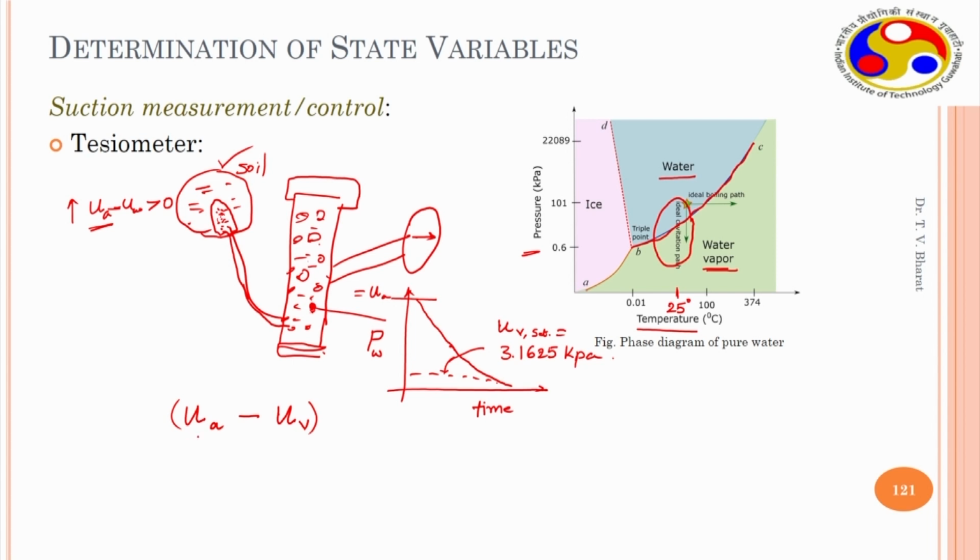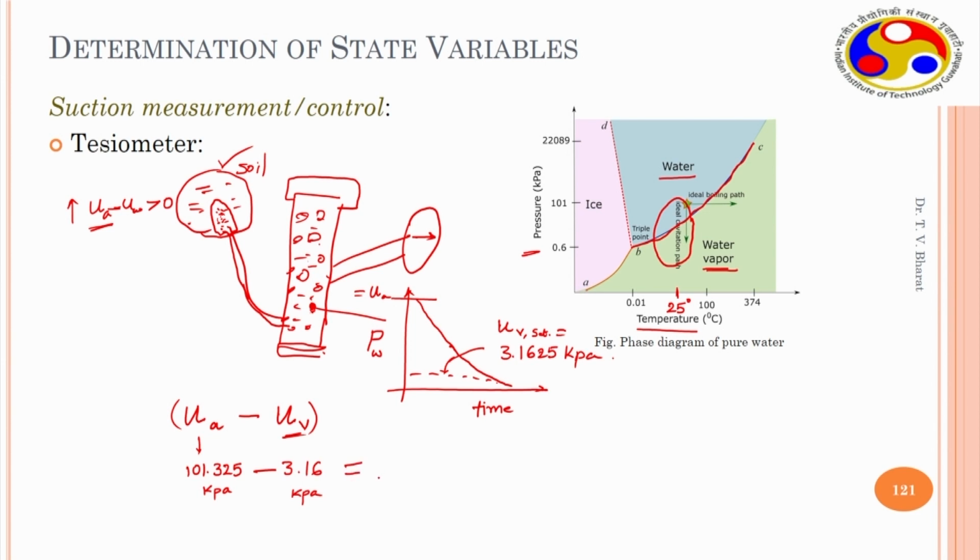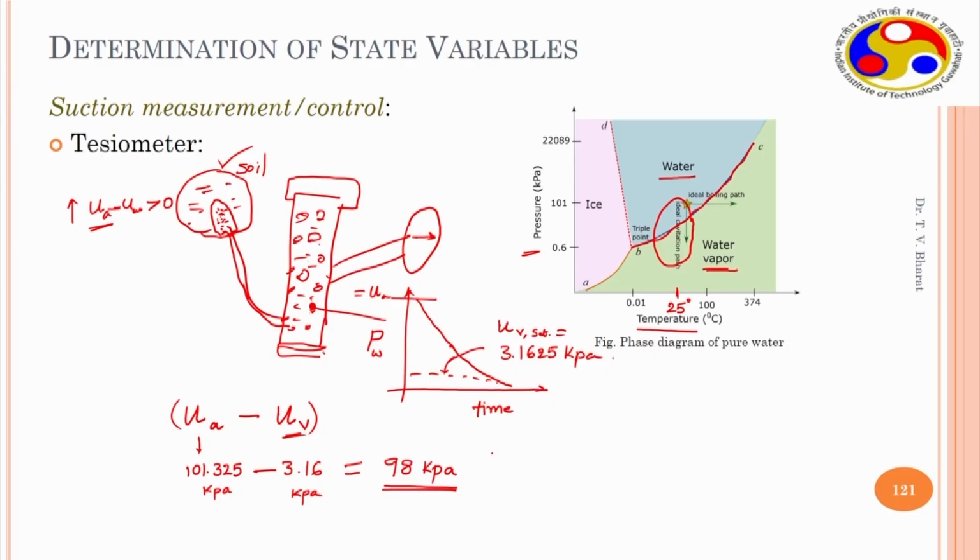At sea level, ua may be 101.325 kilopascal, and if it is 100% RH, uv equals uv sat at standard temperature, which may be 3.16 kilopascal. This difference, maybe 98 kilopascal, is the maximum measurable value by your tensiometer. Beyond that, vaporization takes place and the tensiometer does not work.